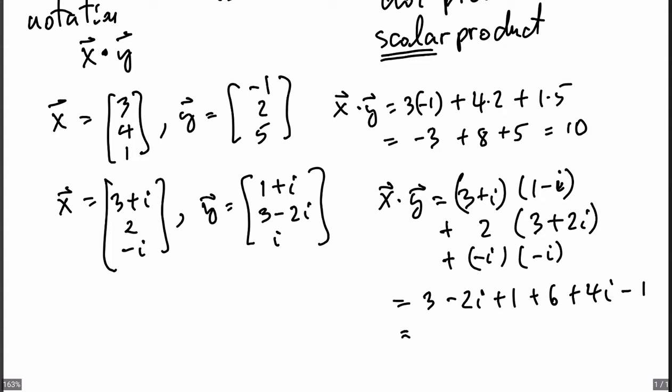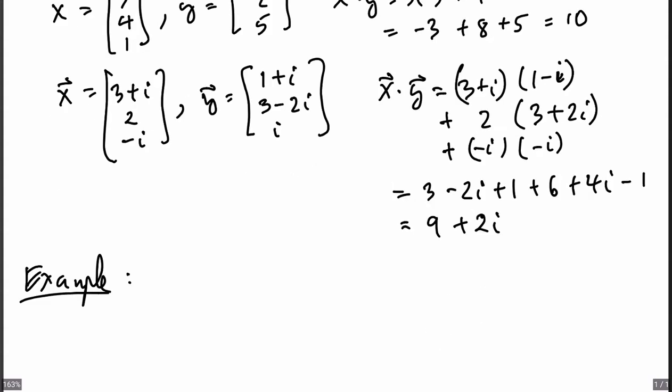So altogether, this is 3, 4, 10, minus 1, 9, and minus 2i plus 4i, that's plus 2i. So the result in this case is a complex number, because we are in the complex scalar field.